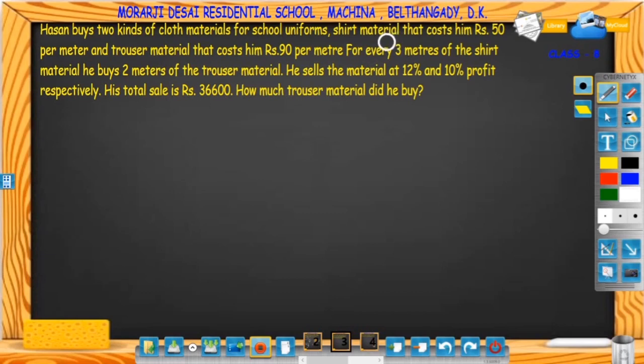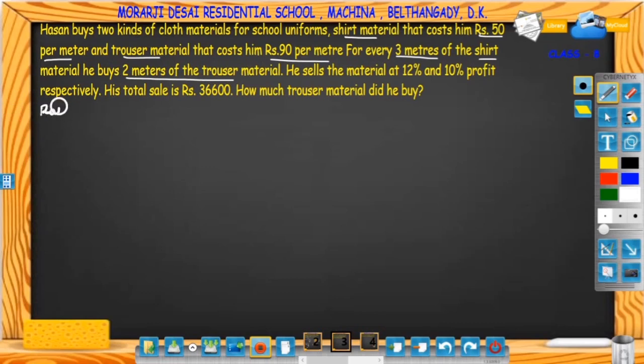Now, here Hassan buys shirt material. The cost is rupees 50 per meter and trouser material, the cost is rupees 90 per meter. Now see here, how much shirt material and trouser material he buys. He buys 3 meters of shirt material.